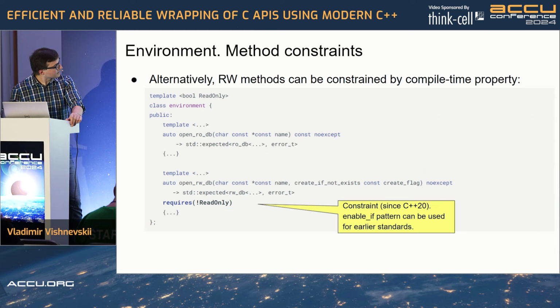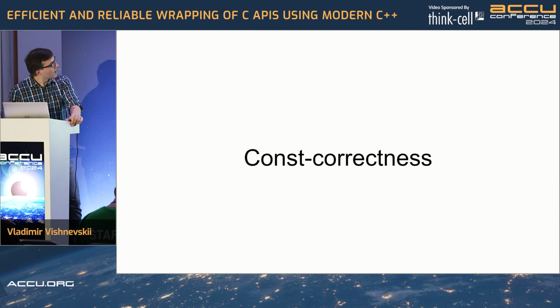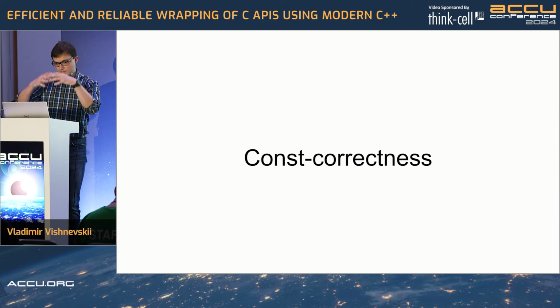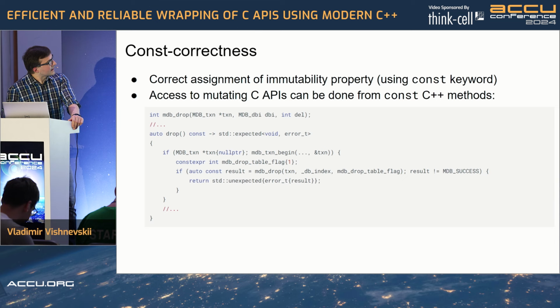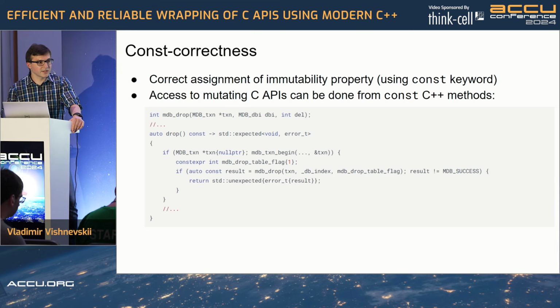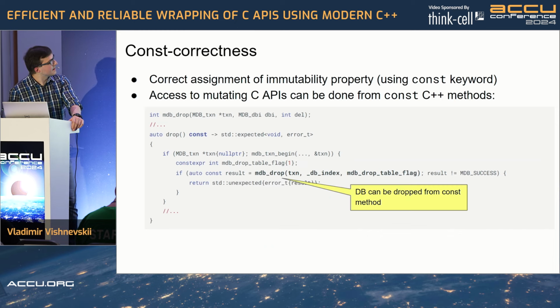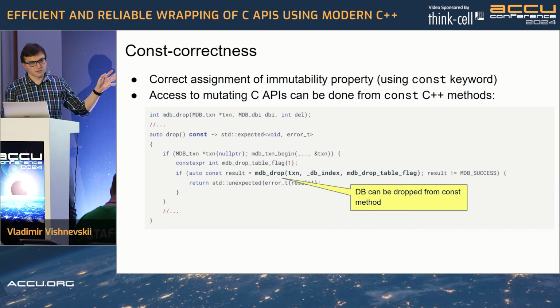So, one more thing to mention here is const-correctness of our wrapper code. An interesting detail is that the C functions, the standalone functions, in many cases can actually be called from const-qualified methods of some class.